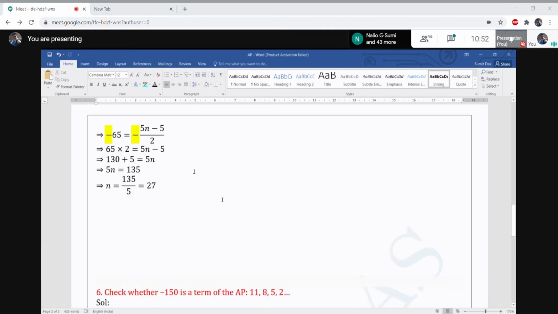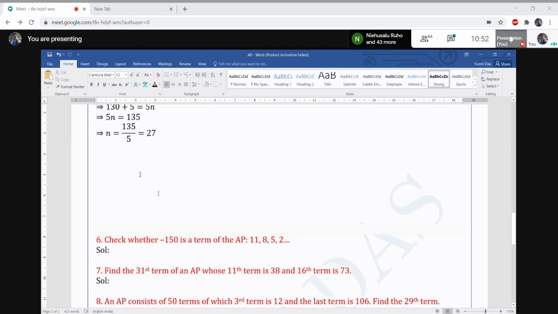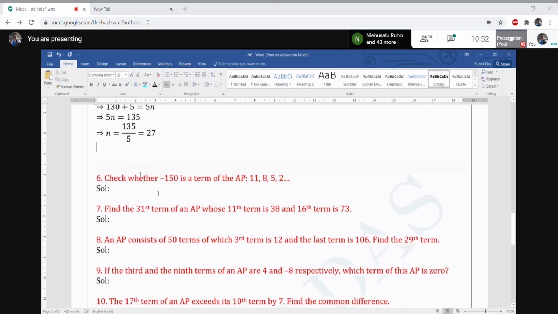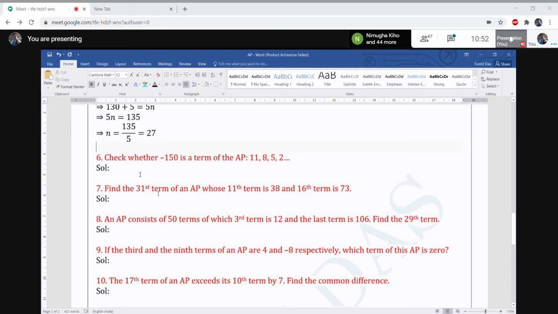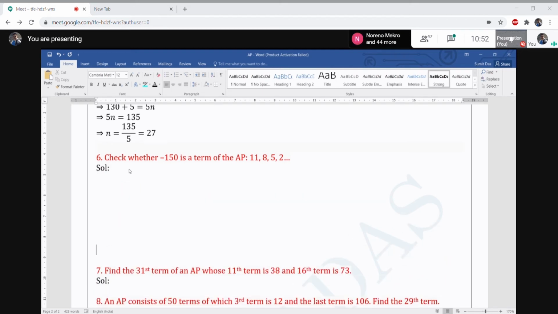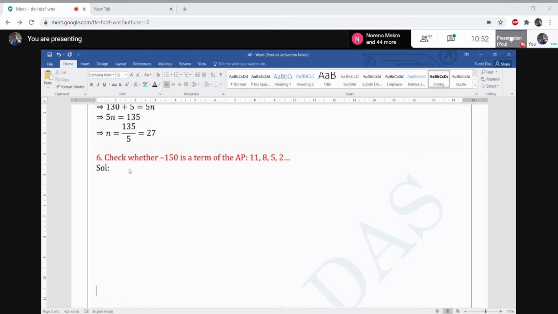Okay, let's check the question number. This question is a very, very important question. Question number 6: check whether minus 150 is a term of the AP or not. The AP is given and we have to see whether minus 150 is any term or not.